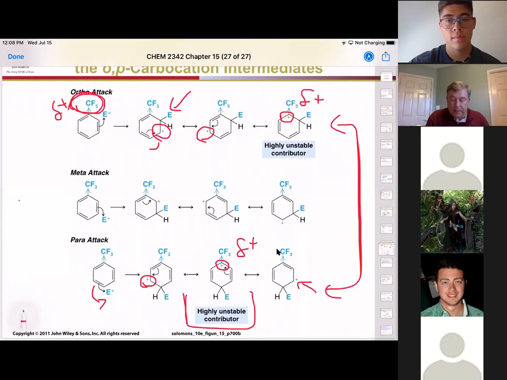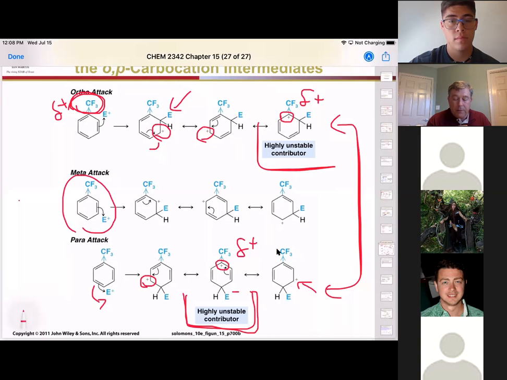Okay. Now, this problem of having this unstable resonance contributor here is minimized when we attack in the meta position. And that's because by resonance, that positive charge is never on the carbon adjacent to our electron withdrawing group. Okay, so in the case of our meta attack here, we form our positive charge here on the carbon adjacent to the one that has that electron withdrawing group on it.